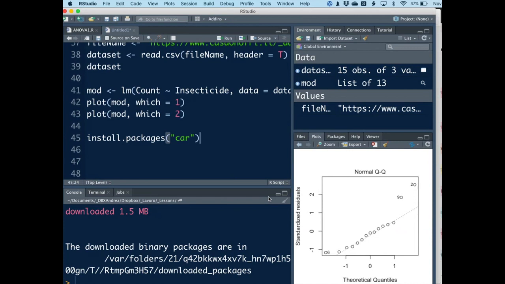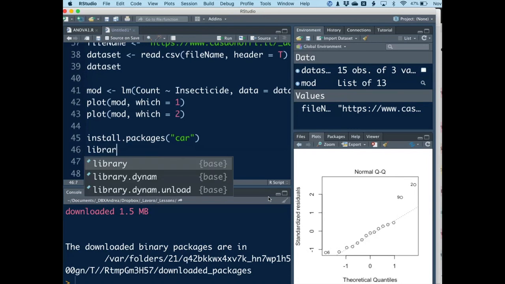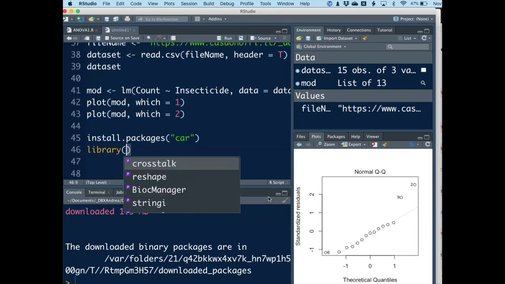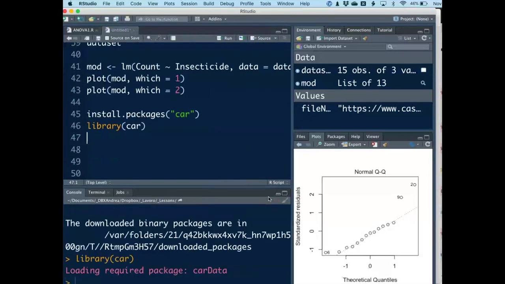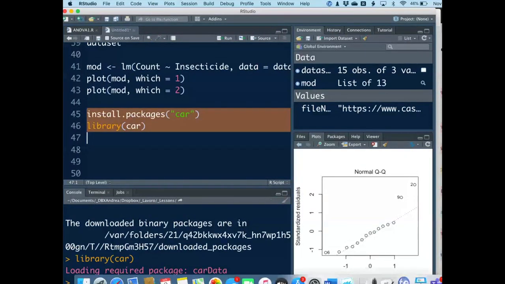Then we have to load the library. We need to install just once. What we need to do is to load the library by using the code library(car). And here we go. This is the code.